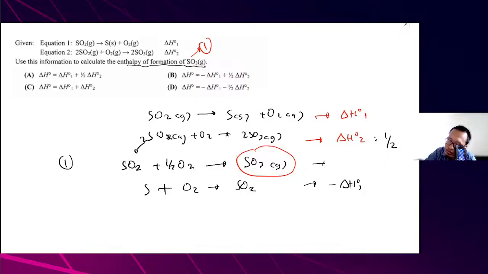This one is half delta H2. Now try to cancel out one by one. This one cancels out with this one.